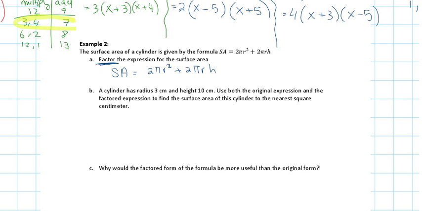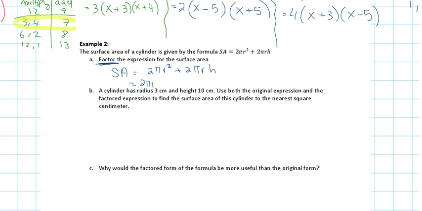Common factor. Do I have a common factor? What is it? I have 2. Anything else? Pi and r. You see that 2, pi and r are in both terms. So that means my common factor is 2 pi r.